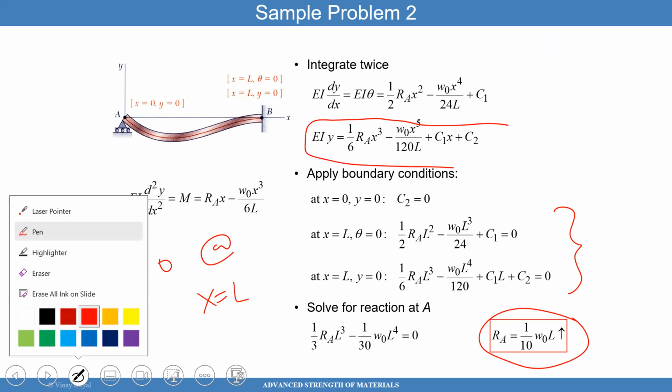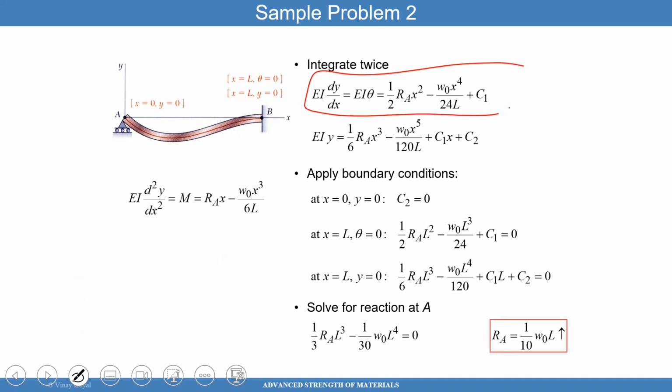No, not that equation. You can use this equation. Right. Since the deflection is 0, you can see I just wrote the same equation there, but plugged in x equals L. Can you see that?